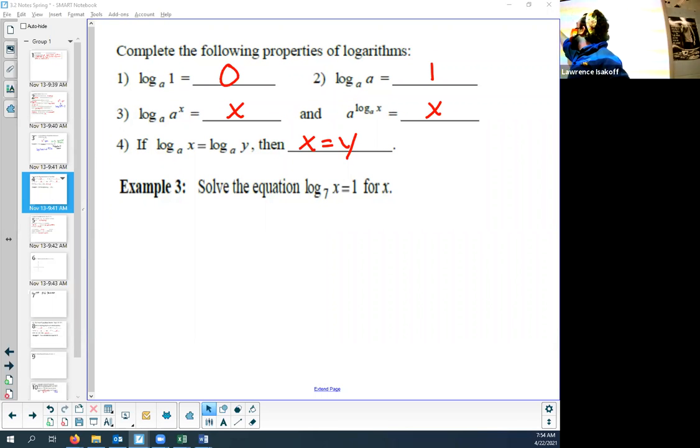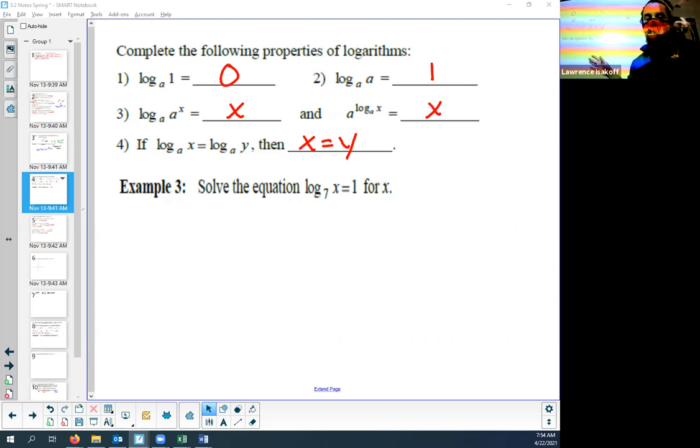If I have inside of my log, if the base matches the base of an exponent in there, it just becomes x. It just becomes whatever that exponent is. We're going to talk about that a little more in depth when we talk about expanding and condensing.